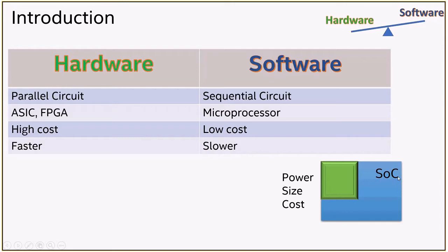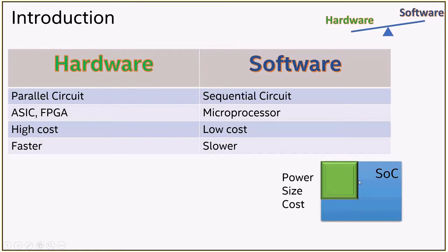If you take a SoC, system on chip, it will have some hardware portion and some software portion, meaning there would be some FPGA kind of blocks or space, and there would be a microprocessor space. You can utilize them based on the need. Before purchasing this component, there will be a lot of varieties. We can choose how much hardware and how much software is on the product.